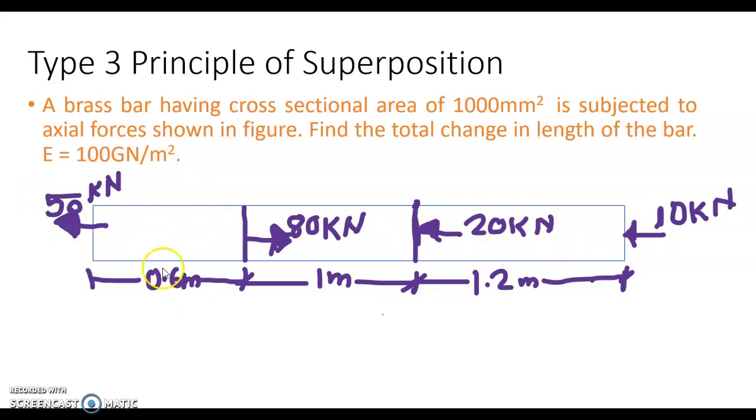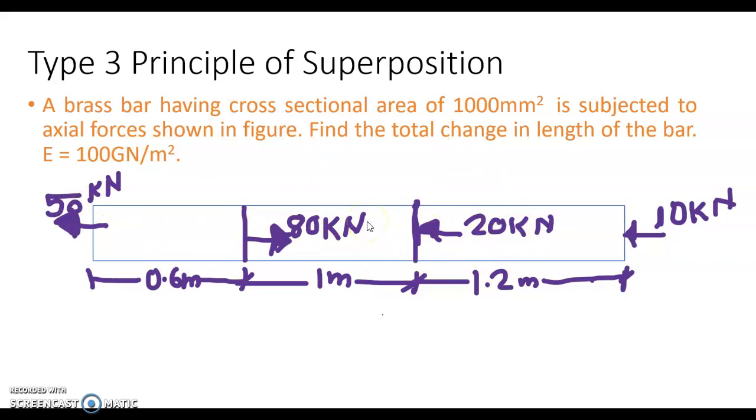So we need to show 20 kilonewton, 10 kilonewton and 80 kilonewton also. But the direction will never change: if a load acts in this direction, it will act in the same direction on this body also, because the direction of the loads is given and we can't change it.